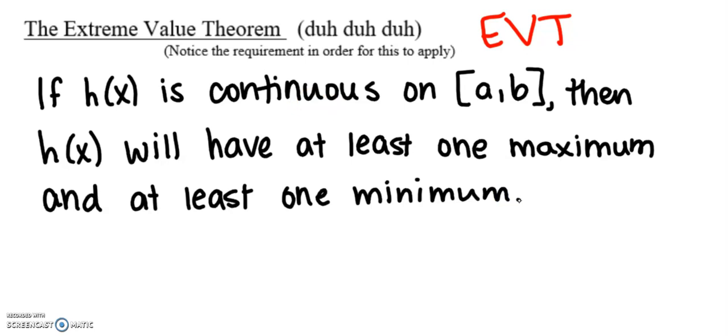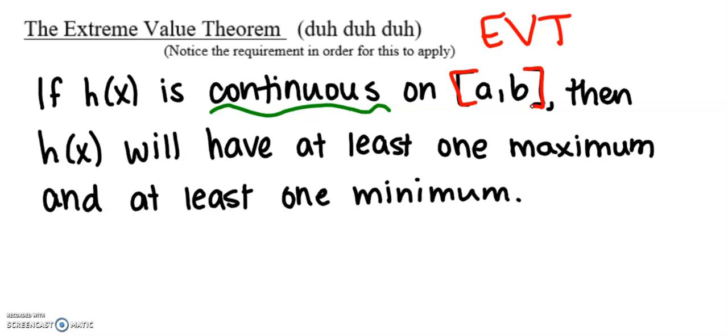So let's break this down a little bit. The first thing is that our function has to be continuous. If we have a discontinuous function on our interval, this theorem does not hold anymore. The next thing is that our function has to be defined on a closed interval. So if we think about, for instance, a parabola, a parabola is not defined on a closed interval.